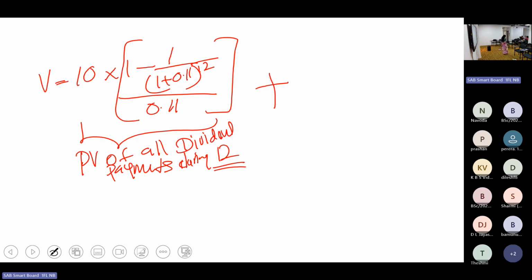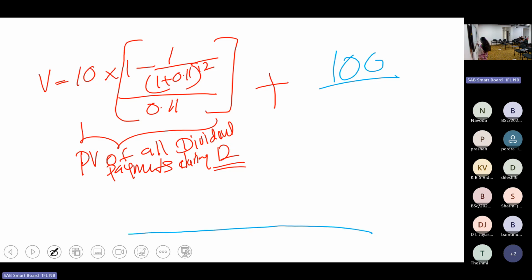Are we going to have only dividends during these 12 years? No. So what is the last payment that we are going to have? Redemption price. So the other part is the redemption price, redemption at par. What's the par value? 100 rupees. Right? This par value occurs at which year?